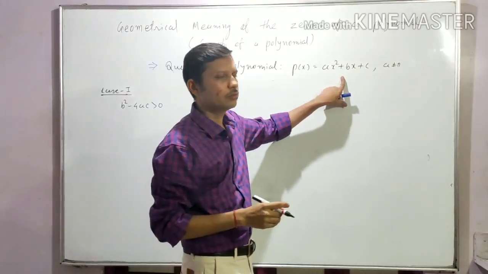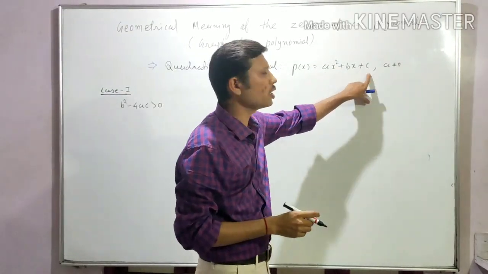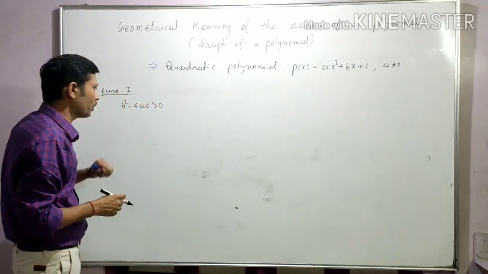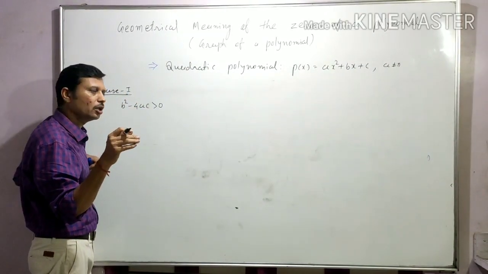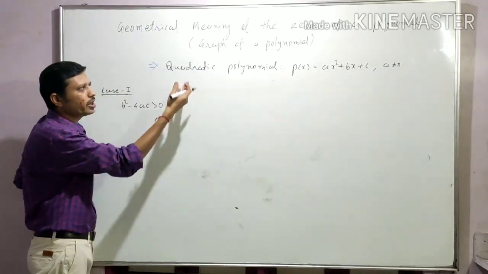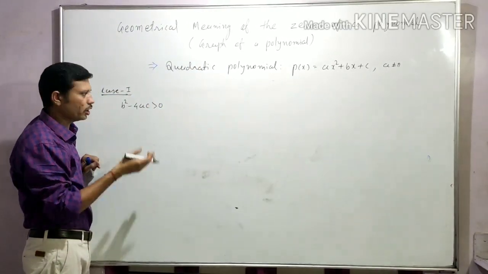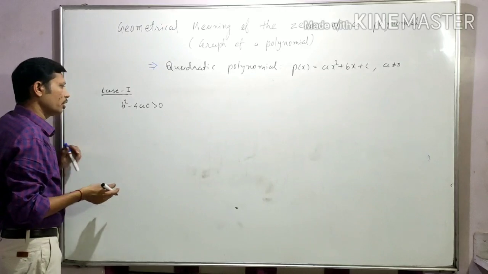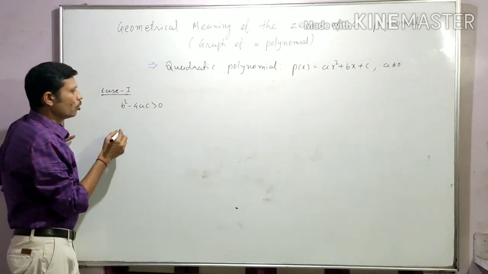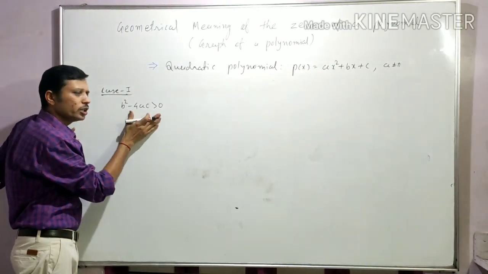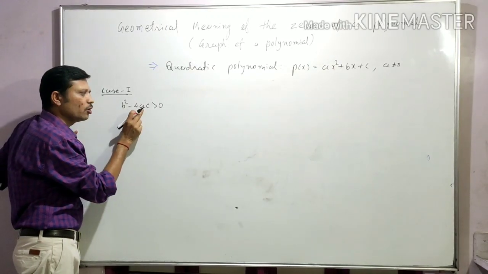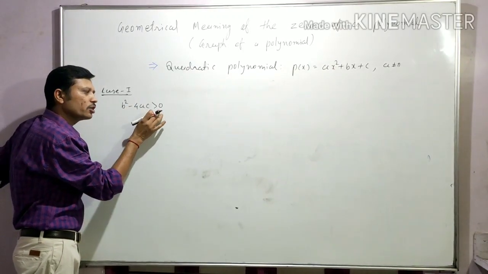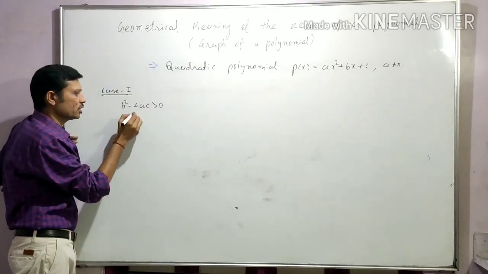That means we have to take the a, b and c coefficients and check this value. In chapter number 4, quadratic equations, we will discuss these points again. Here you only need to remember this condition: b square minus 4ac is greater than 0. Replace the values of a, b and c here. If this value is greater than 0, case 1 is considered.